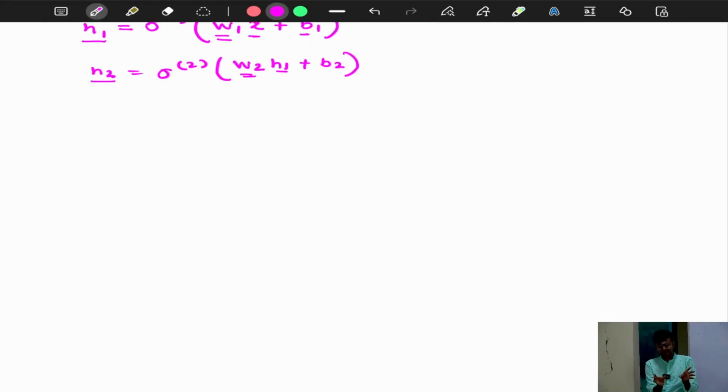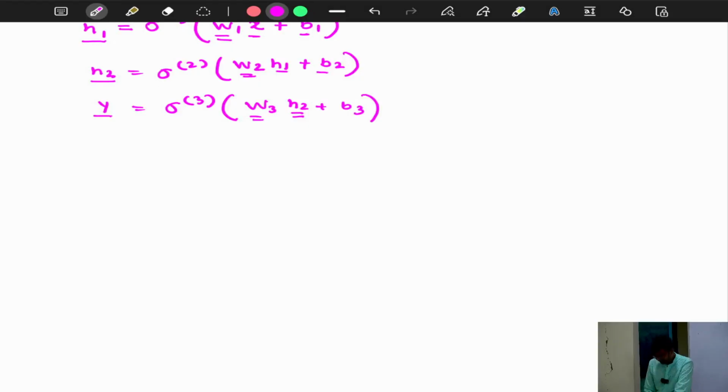What is my y? I am going to write sigma 3, but you know that for regression that might be linear, for classification it might change, but in a generic sense I will write sigma 3. So, what is y? Sigma 3, w3 times h2 plus b3.